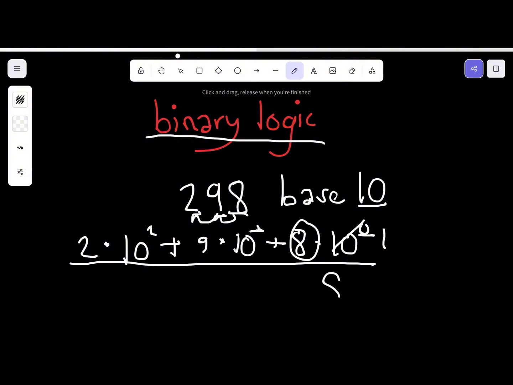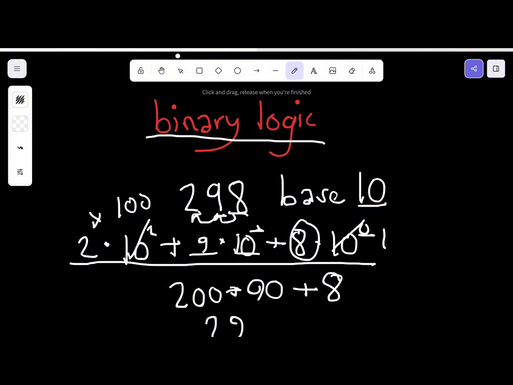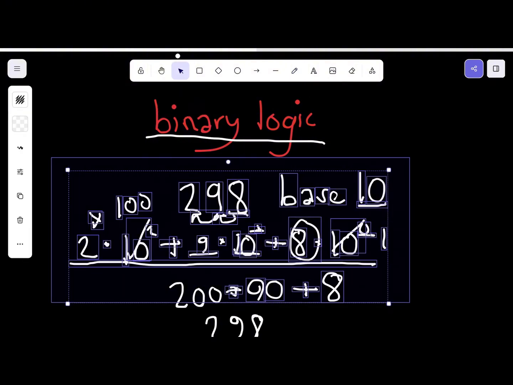You're going to get 8, plus 9 times 10 to the first, that's just going to be 90, because 10 times 9 is 90, plus 2 times 10 squared. This is just 100. So 2 times 100 is 200. And if we add these up, we're going to get 298.